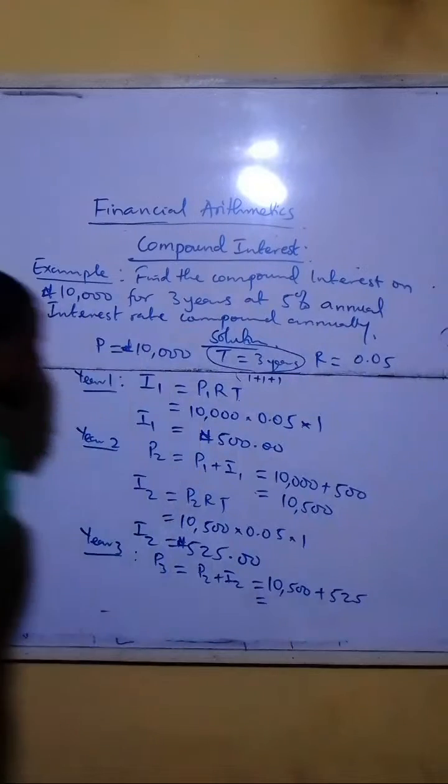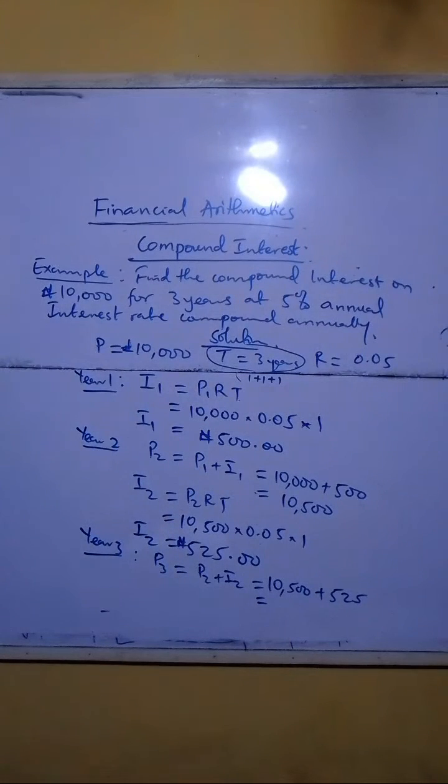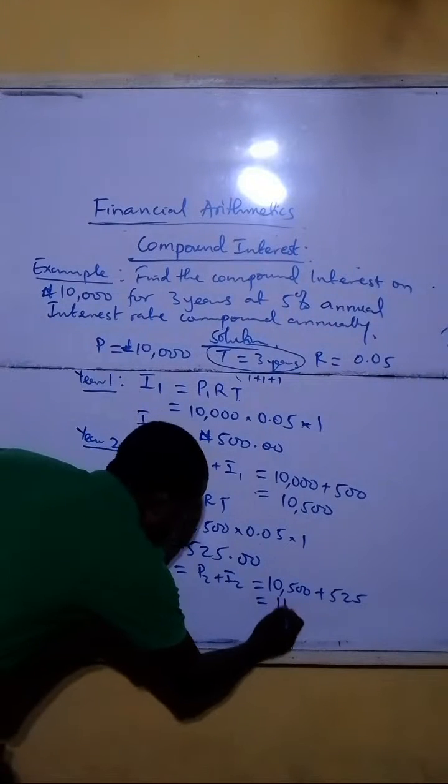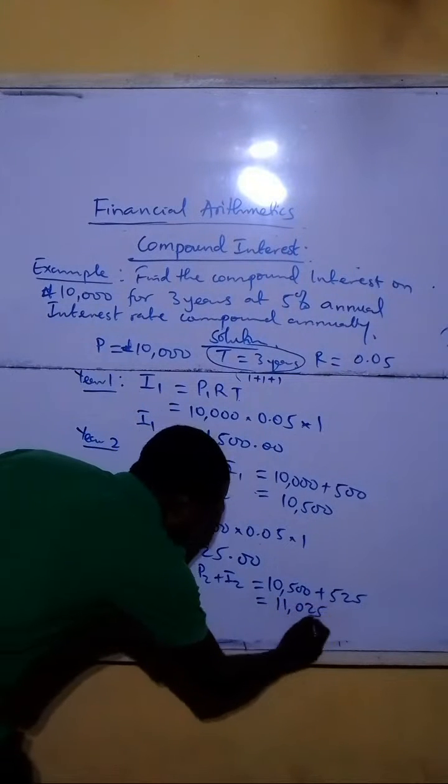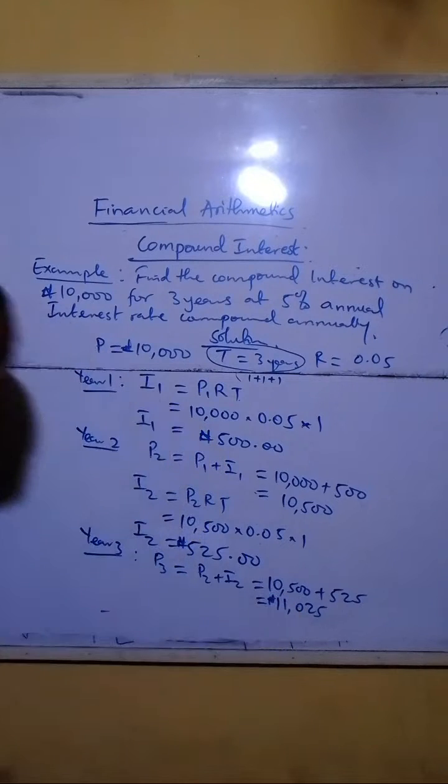When we add this together, P3 becomes 11,025 naira.